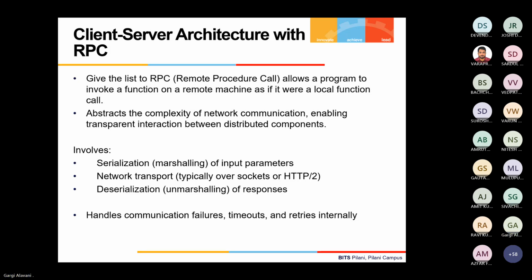Now, what happens in a client server system? The server provides services and the client requests them. The two could be on different machines or on the same machine, communicating over a network, through messaging, or through shared memory.